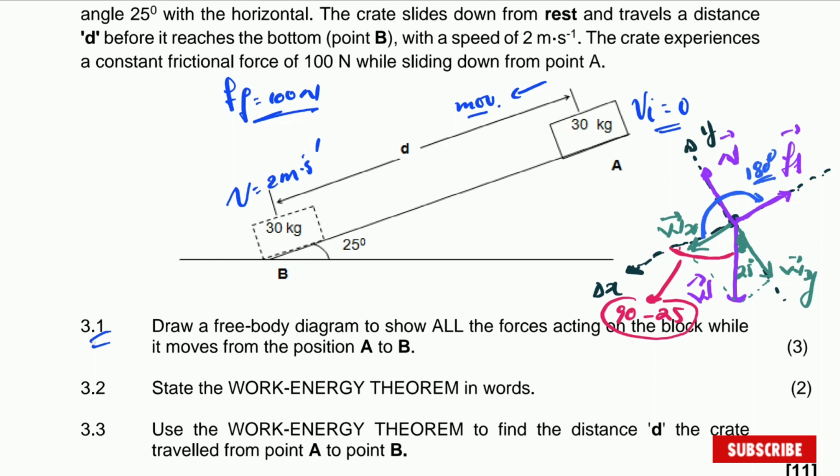We are going to now do the one that they want us to do for marks. And that is quite simple, it will be the forces. What forces do we have there? The frictional force backward, or up the incline. This is the frictional force. Then perpendicular to the surface, in other words perpendicular to the frictional force, we have the normal, and straight down we have the weight, and this one is the free body diagram they want for question 3.1.